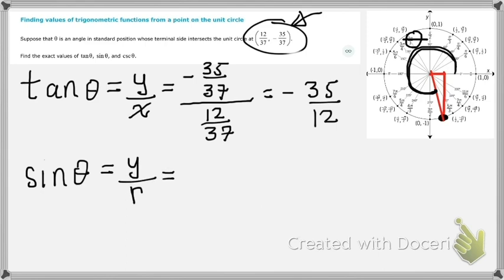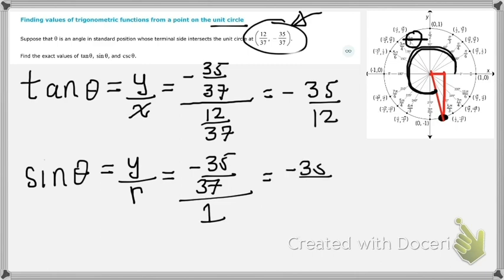I know y is negative 35 over 37, and r, well, it's a unit circle. What's the radius of a unit circle? It's always 1. So that's negative 35 over 37 over 1. We don't really need to write that over 1 part, but just for instructional purposes, I've shown it. And yes, the sine of theta is negative 35 over 37.